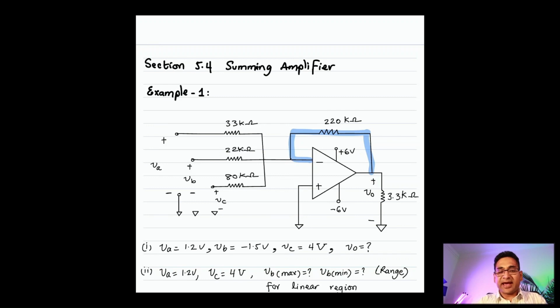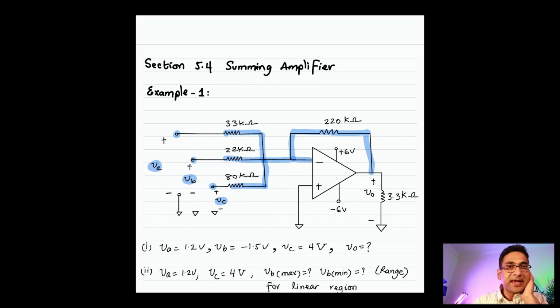Then we have three inputs, VA, VB, and VC. All three of them are feeding into the negative terminal of the operational amplifier. That's exactly the problem that he analyzed for us.